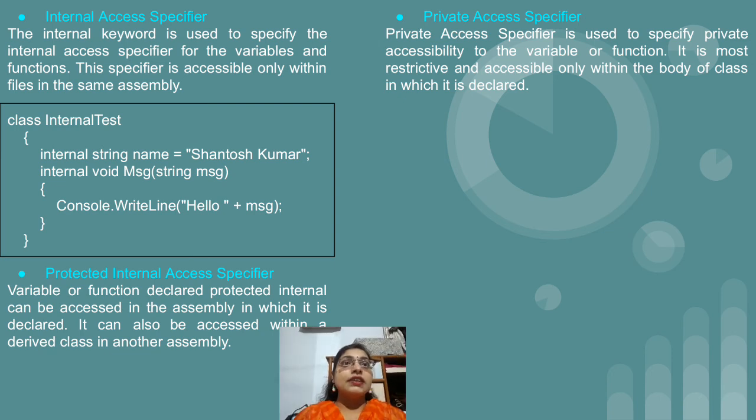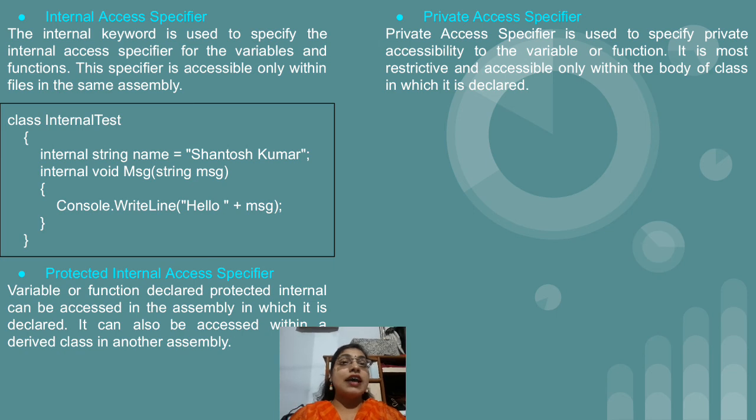So in this case, what is the use of internal? When we declare any variable or method with the internal keyword, then that variable and method is accessible only within the file in the same assembly. Same assembly means within the same namespace we can make use of these variables.